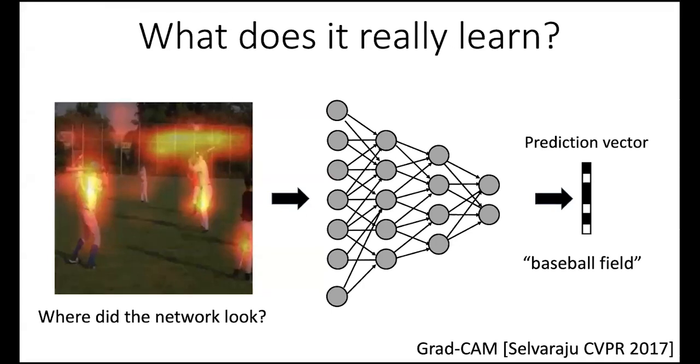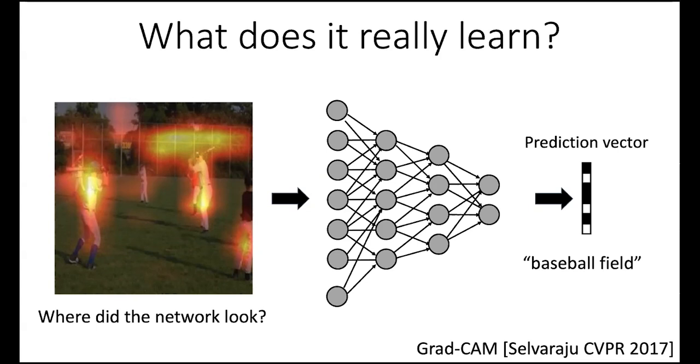These ask, what did the network look at to make the decision that it did? This is a heat map called a salience map, and you can make them in a bunch of ways. I gave a paper that had a survey of a bunch of the ways.